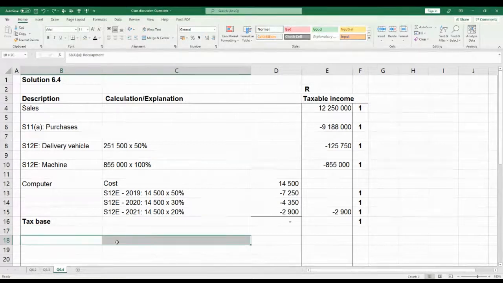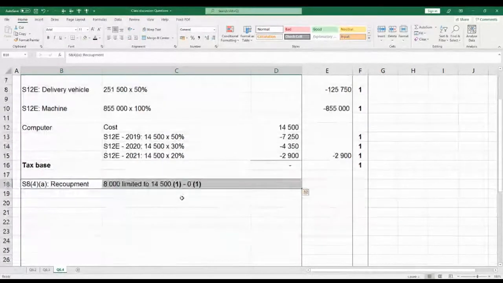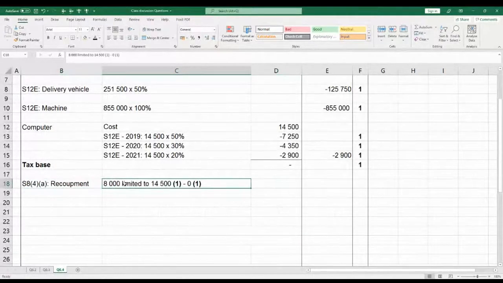Okay, so now we want to work out what is the recoupment amount. So you first start off with the recoupment. We have the 8,000, which is the proceeds, is limited to the 14,500, which is the original cost, less the tax base. Now, because of the fact that our tax base is 0, we cannot deduct anything.